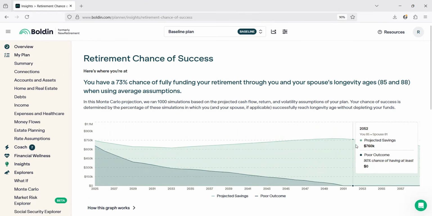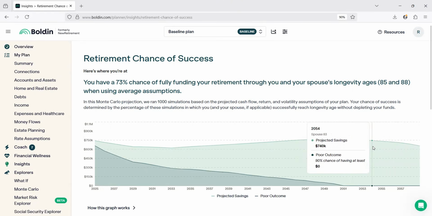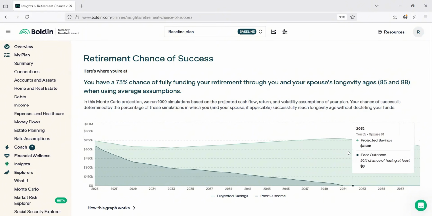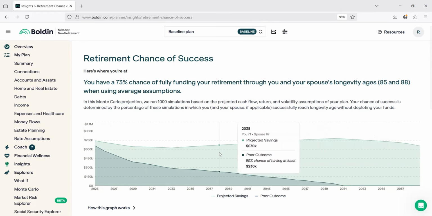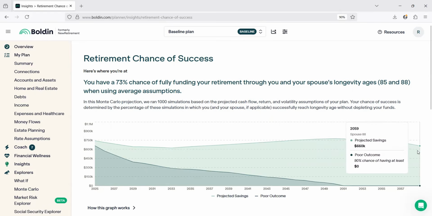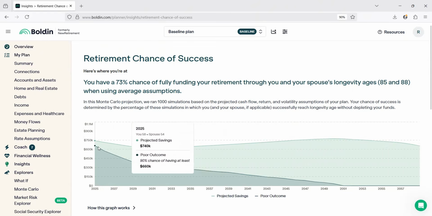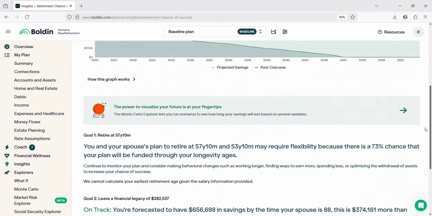And so you've now left the person with one Social Security check and zero savings. That's with the poor outcome. Obviously, if you have a good outcome, you're still going to have money left. So, just to think of that.